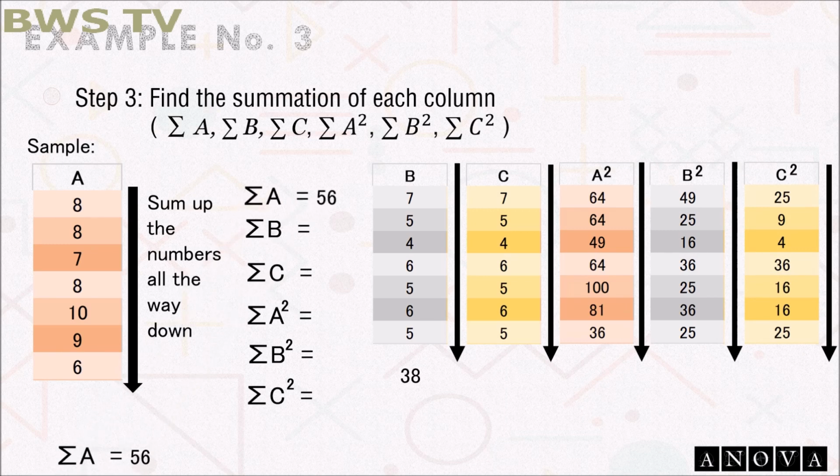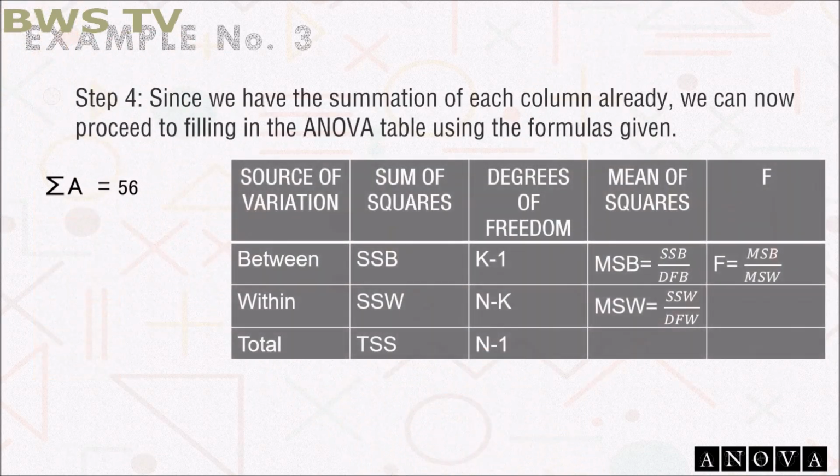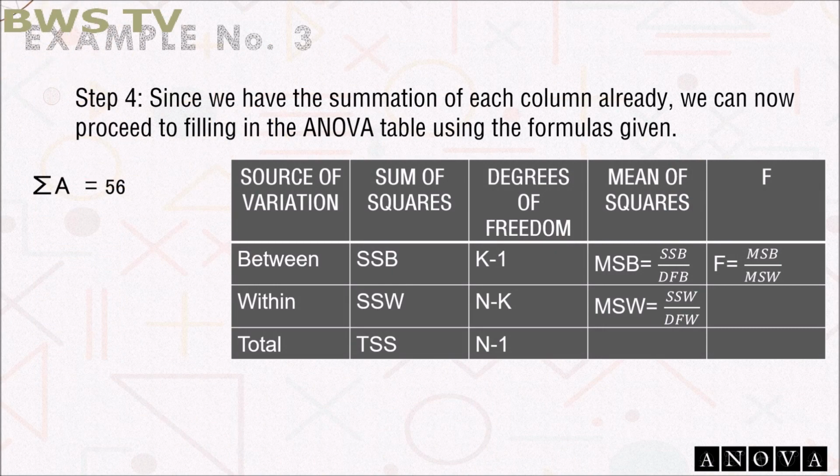And you'll get the answers 38, 29, 458, 212, and 131. Now since we have the summation of each column already, we can now proceed to filling in the ANOVA table using the formulas given.